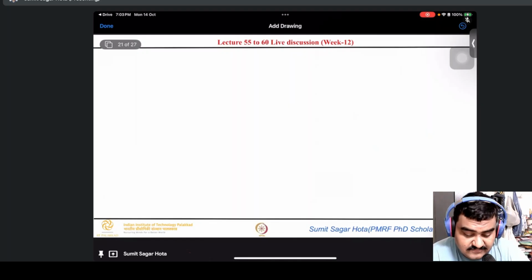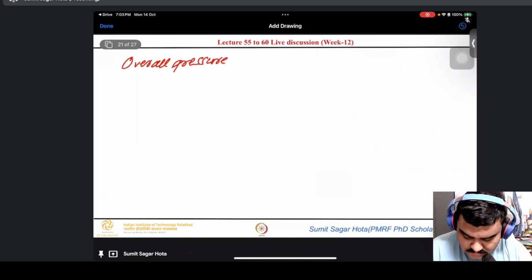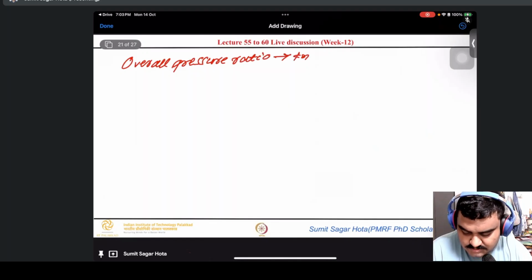So first we have to find out the overall pressure ratio, which is a known quantity.